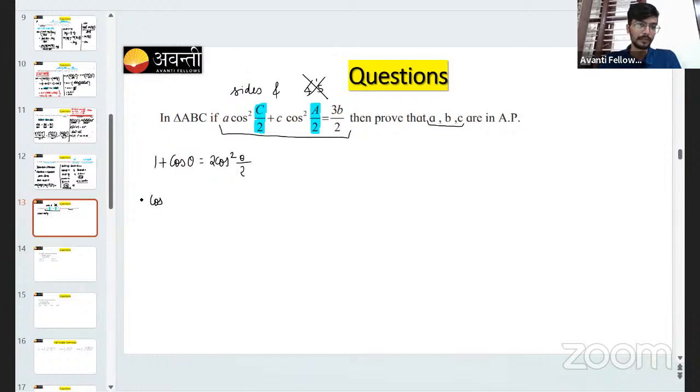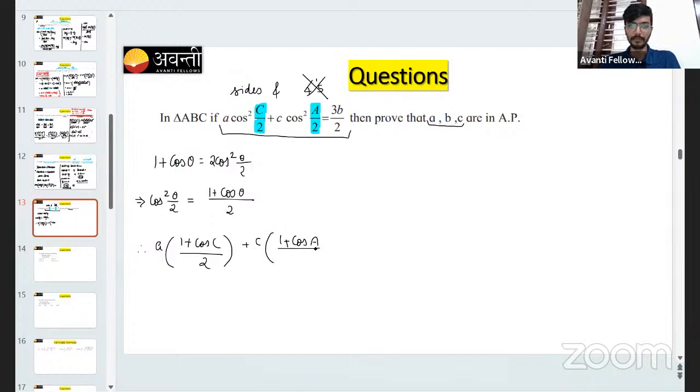That means cos square theta by 2 is equal to 1 plus cos theta upon 2. So let's substitute this here. So I'll get A into 1 plus cos C upon 2 plus C into 1 plus cos A upon 2 is equal to 3B by 2.